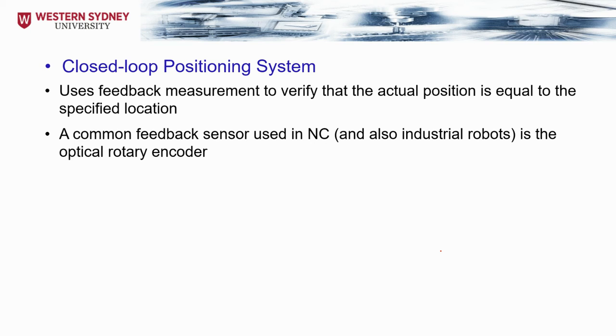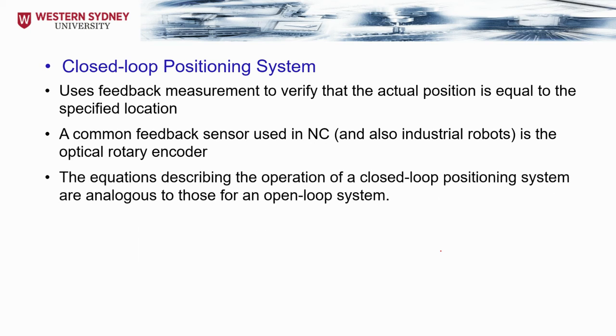We're going to explain the rotary optical encoder, which counts the pulses, the number of the angles that the lead screw is actually rotating. The equations describing the operation of the closed loop positioning system are analogous to those for the open loop system.